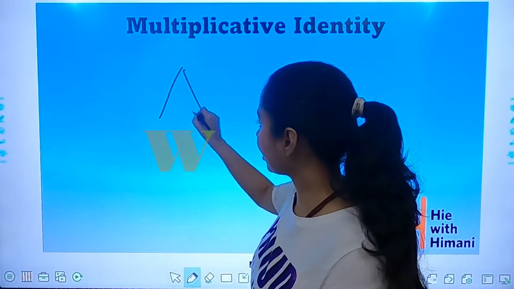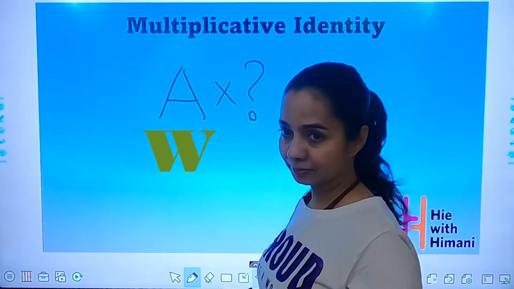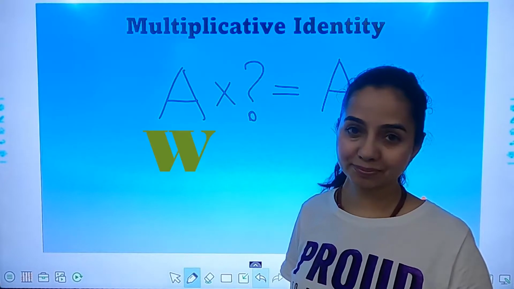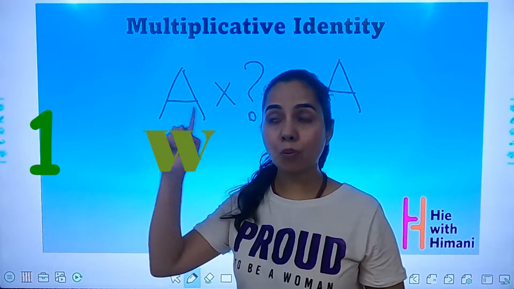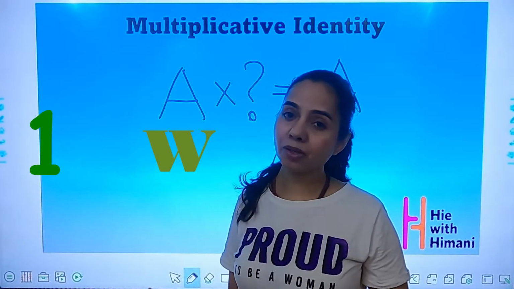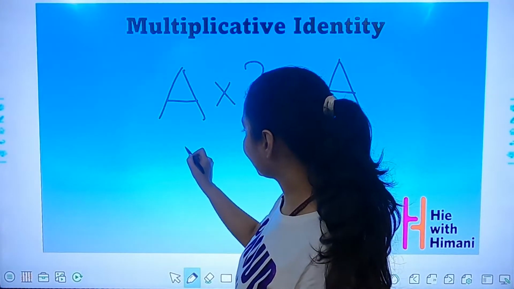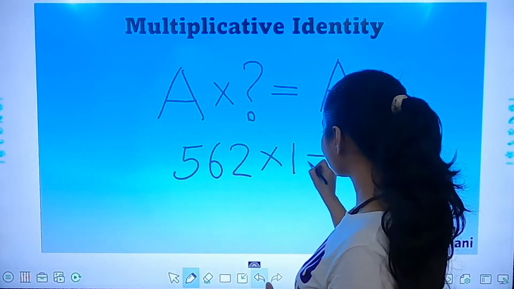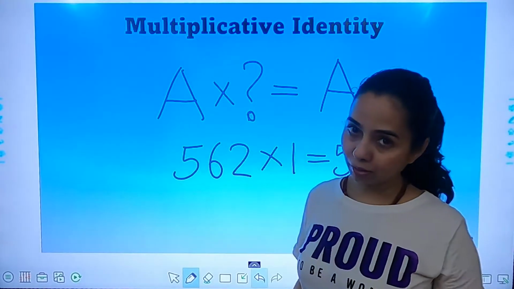If A is a whole number, which number needs to be multiplied to it so that its value remains the same? Yes, it is 1. We know that if number 1 is multiplied to any of the whole numbers, the value of that whole number remains the same. So here it is, 562 into 1 is 562. Simple. And this rule applies to all.